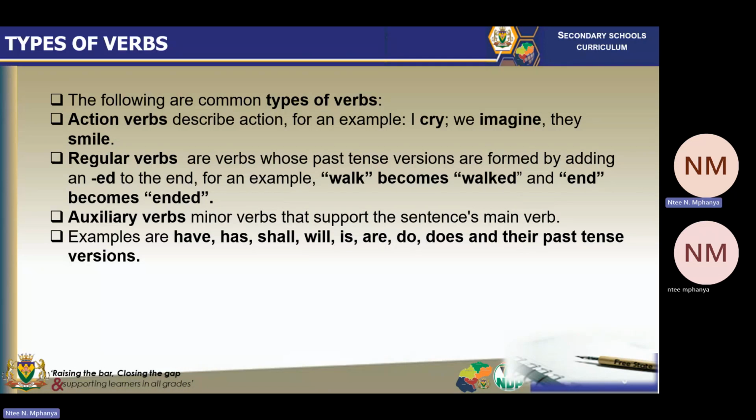Now, if you use the sentence, I shall walk, shall will be our minor verb, which is an auxiliary verb, while walk will be our main verb. Therefore, shall becomes the minor verb, which helps the main verb.